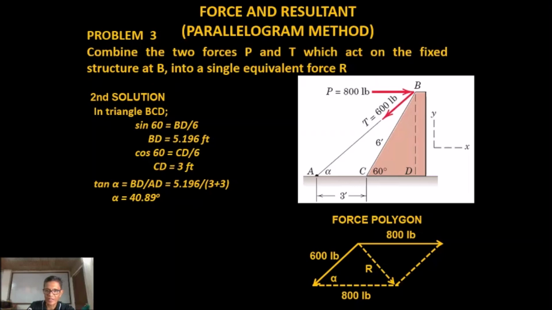Let's draw the parallel lines. We will have 800 and 800, as well as 600 and 600. So we now have a parallelogram, and the diagonal is the resultant R.